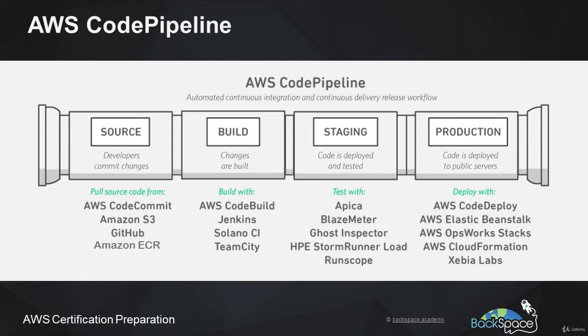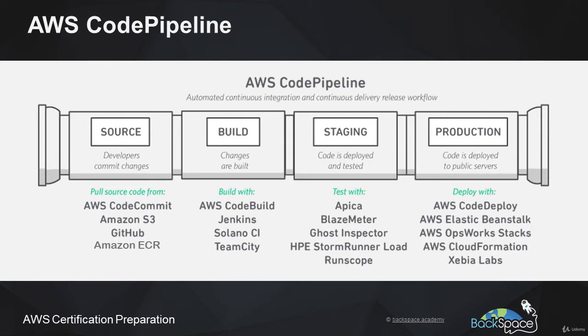Our AWS CodePipeline will consist of a number of sub-processes. We will start off with our source code, and in this lab, it will be located in a GitHub repository. It could also be located in an AWS CodeCommit repository, which is AWS's implementation of Git.